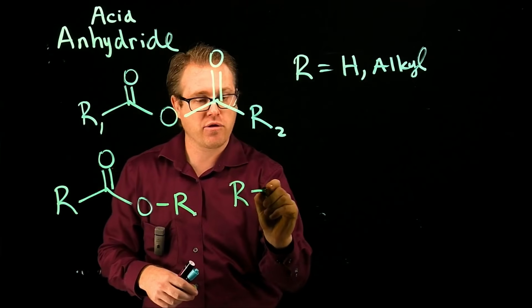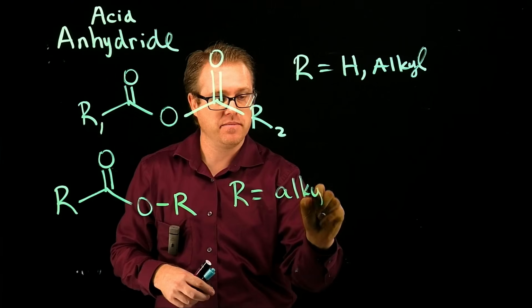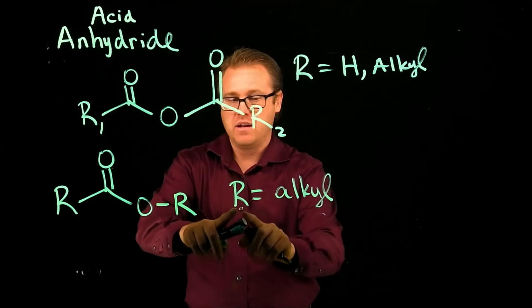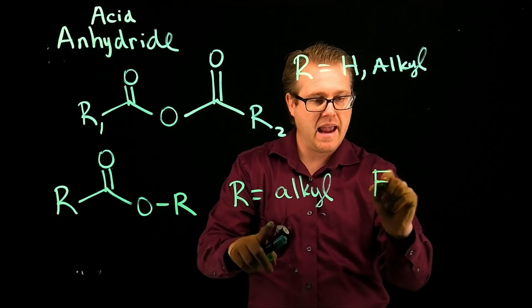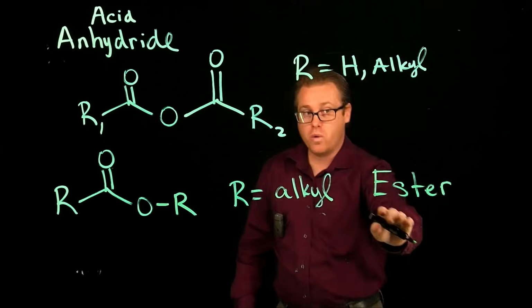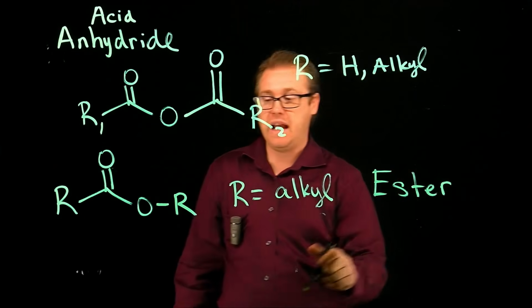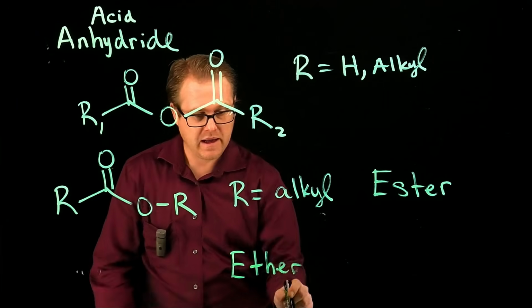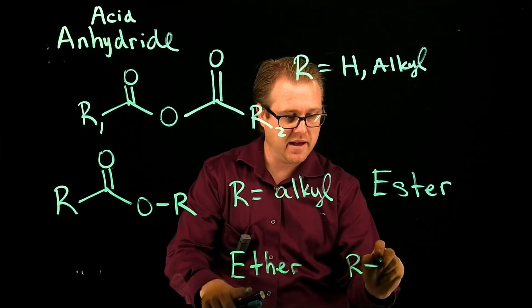And this R group has to be alkyl. If it is alkyl, then what we have made is an ester. Don't confuse esters with ethers. An ether is this.